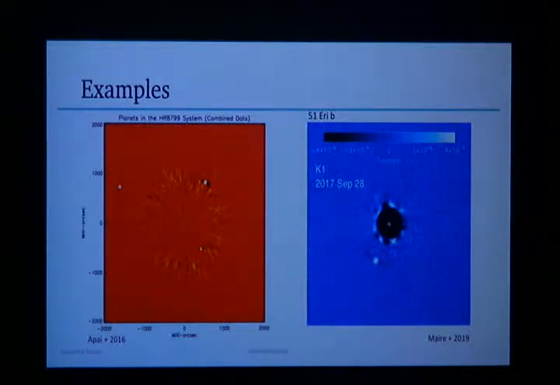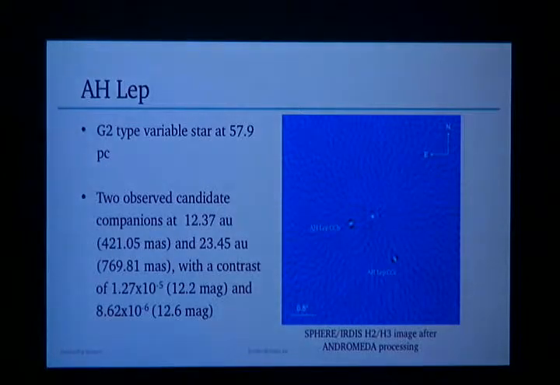And now I will tell you about the system that I studied for the first part of my PhD. This is called HLEP, over here behind the coronagraph. This is a solar type star at only 58 parsecs away. And as you can see here, we found 2 candidate companions near the star.